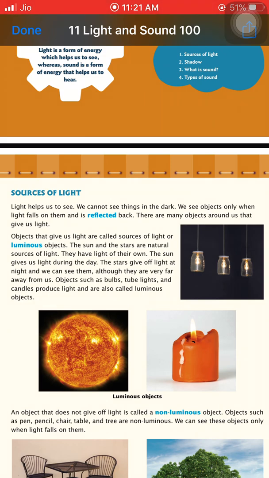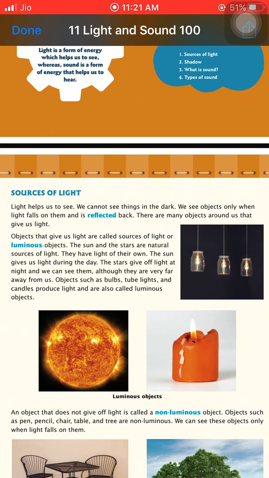During the day there is light with the help of the sun, so we can see the different objects around us, but at night there is very little light, so we can't see the different things around us.